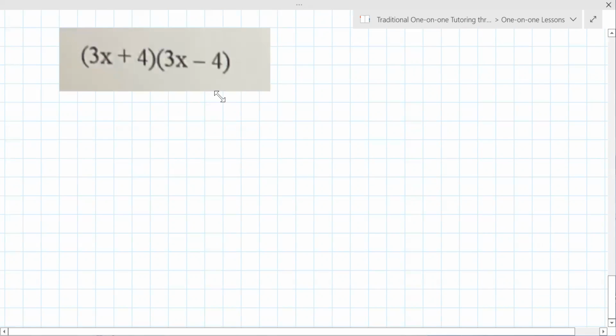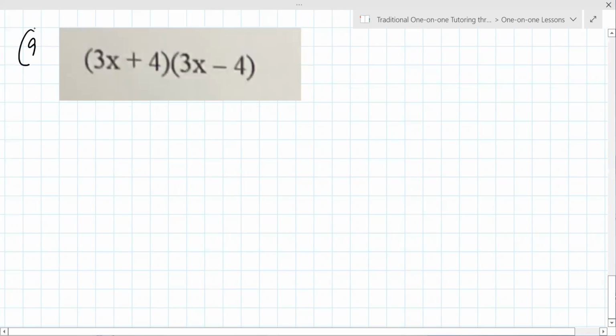Okay, so here's number 9. If you look at this, it's 3x plus 4, 3x minus 4. So it's the same thing except for this sign. And something different does happen here. But we're going to do the same thing as always. 3x times 3x, that's 9x squared. Make sure you always multiply those coefficients together. 3x times minus 4x is minus 12x.